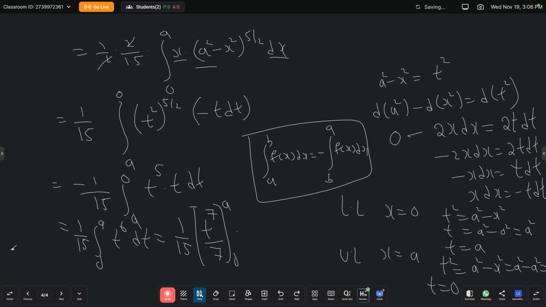So this is equal to 1 by 15 into the upper limit a to the power 7 by 7 minus the lower limit 0 power 7 by 7. So this is equal to 1 by 15 into a power 7 by 7, which is a power 7 by 105, since 15 sevens are 105. Therefore the value of the given integral is a power 7 by 105.